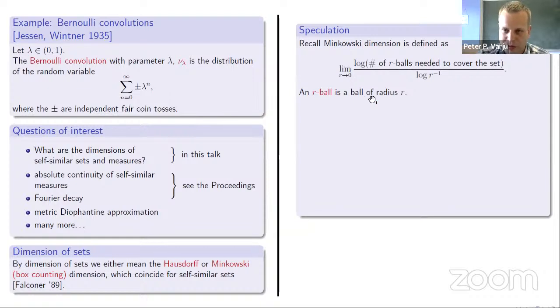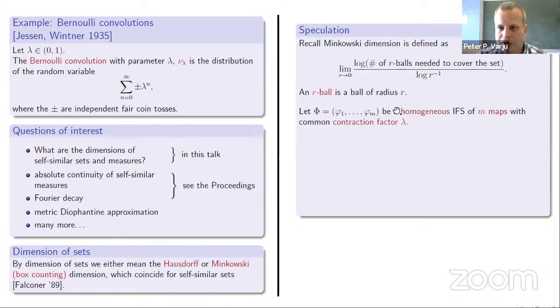An R ball is just a ball of radius R. And then you look at which exponent you need to raise R to get this number. And if you are lucky enough, then as you take R to 0, these exponents will converge, and this is the dimension. And as I said, for self-similar sets, this limit exists.